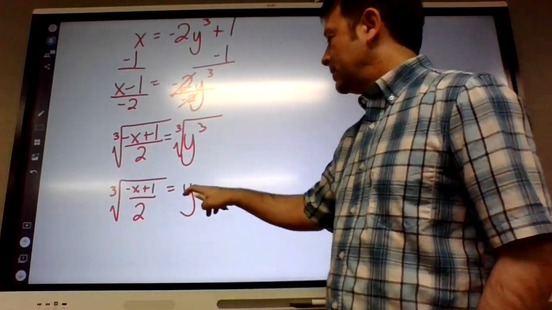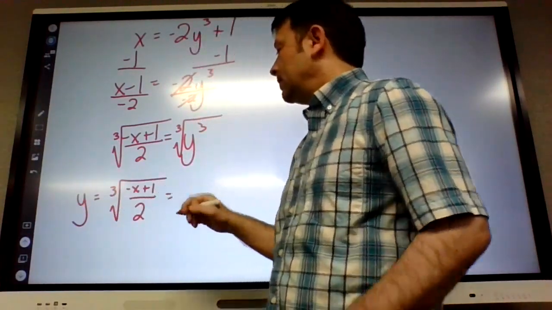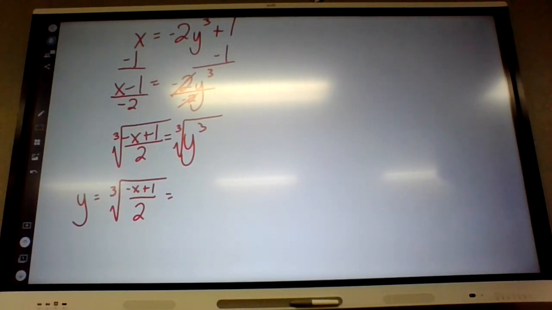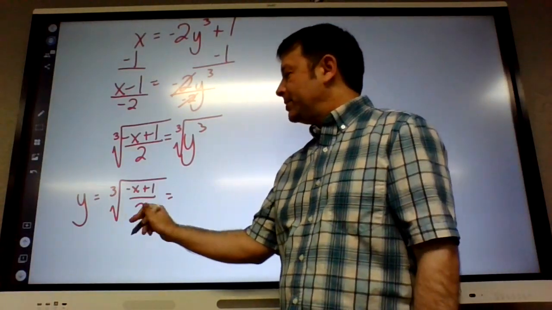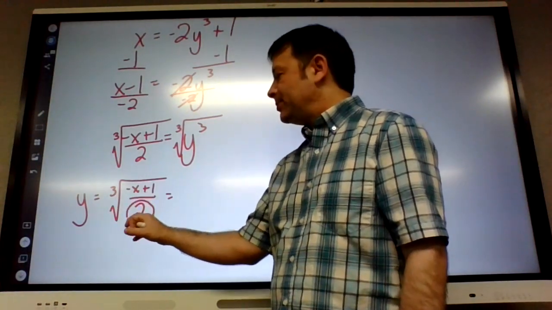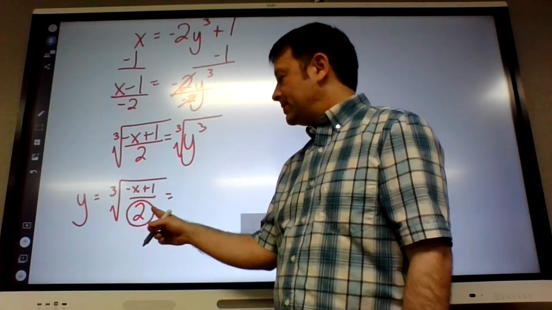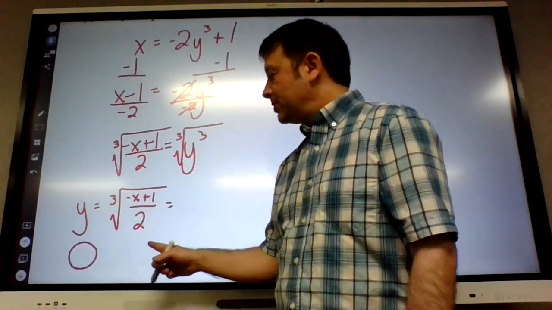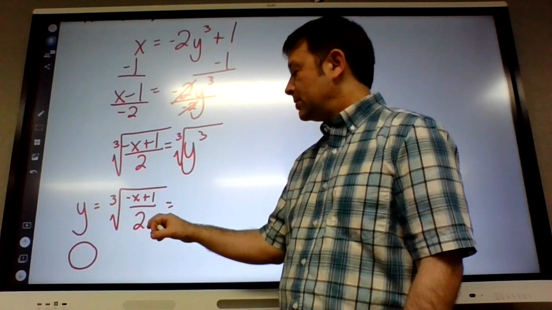Alright, actually, yeah, let's get over there. Okay, it's not simplified if you have a radical in the denominator. Basically, this is like cube root of 2 in the denominator. And how do we fix it if there's a cube root in the denominator? What's the number that 2 goes into that actually does have a cube root? 8.